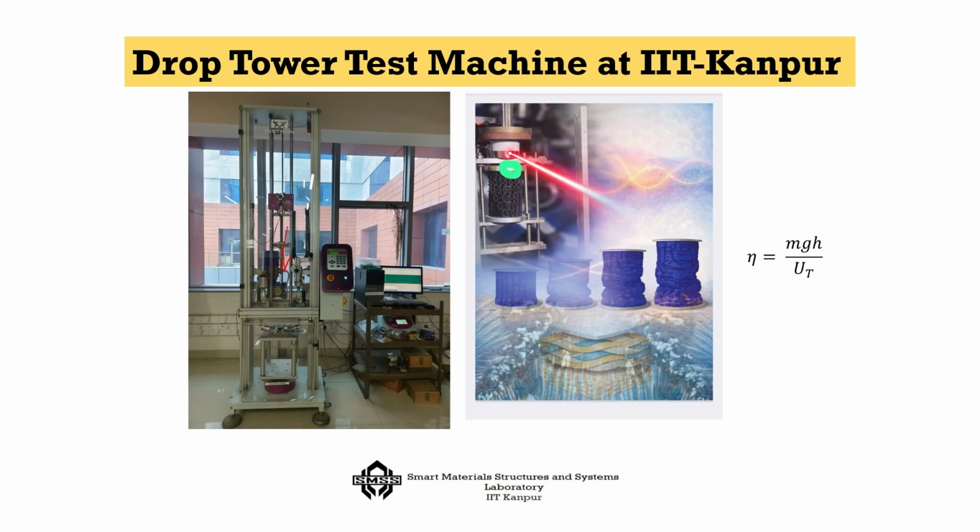Suppose a mass m is dropped from a height h. Then you are supplying the input energy as mgh, and you are absorbing energy in the system as ut. So, the ratio of the two talks about the efficiency. Through the drop tower test, you can find the efficiency in energy absorption.